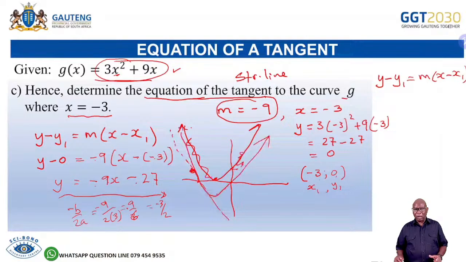So if you've got a curve, and you need the equation of the tangent, first differentiate and get the gradient at a point. Then get the x and the y values. The x will be given. Get the y value. Once you get the y value, you have a point and a gradient. Then you just substitute those two into that formula here, and then you are able to get the equation.